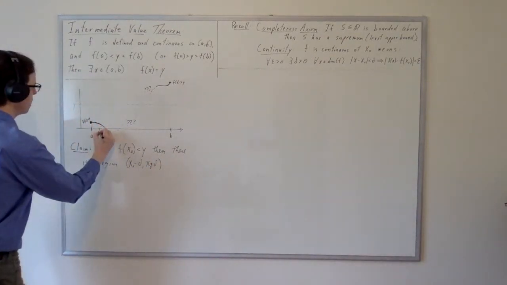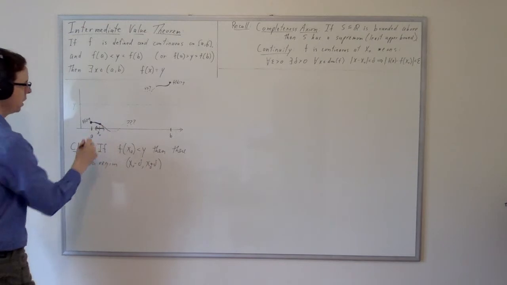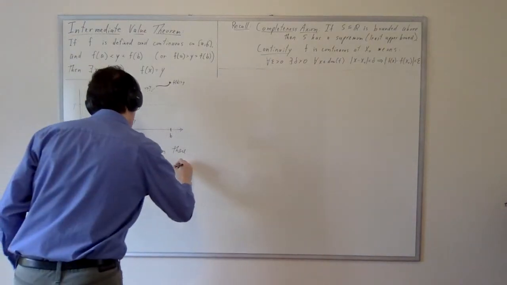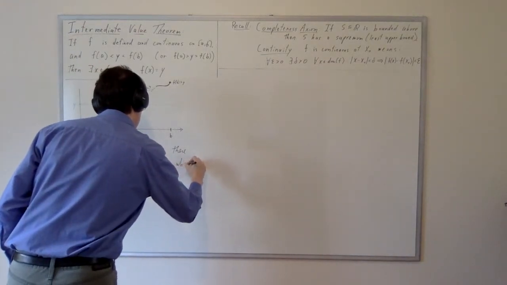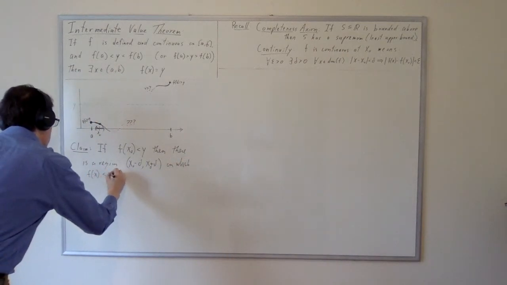So x naught might be here, and we have a value which is less than y, and what we're saying here is there is some region on which the function is still going to be less than y, so on which f of x is less than y.